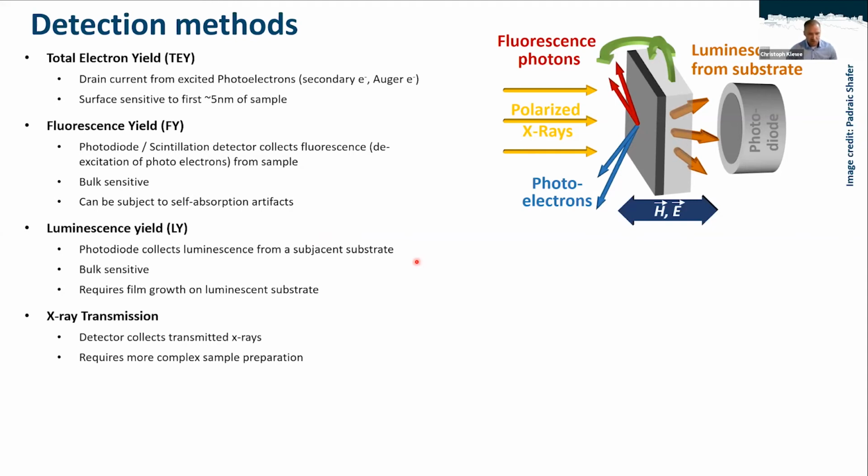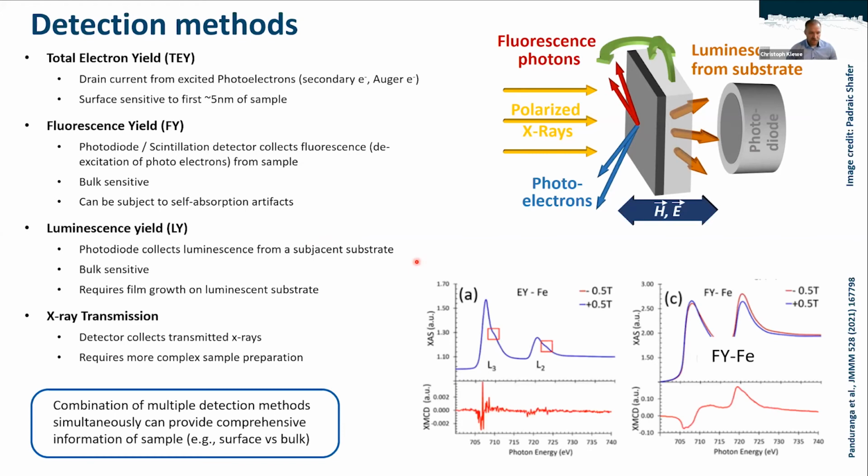But in many cases, it can be very useful to combine multiple different methods and measure multiple different detection methods simultaneously, because this can give us a more comprehensive look at the sample. For example, we can gain surface and bulk information.